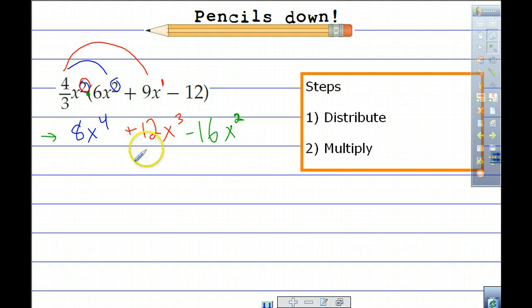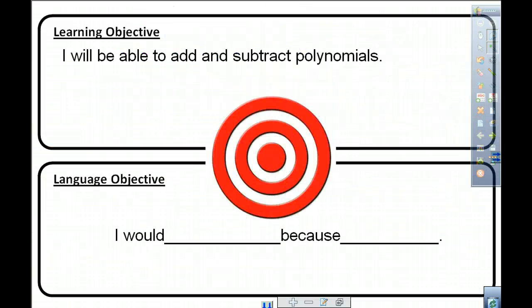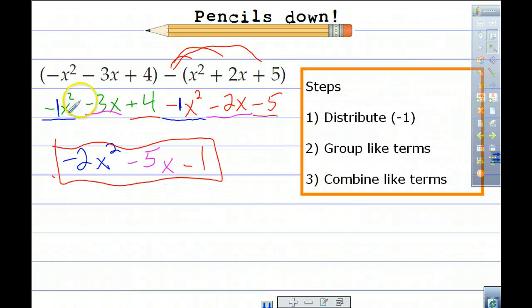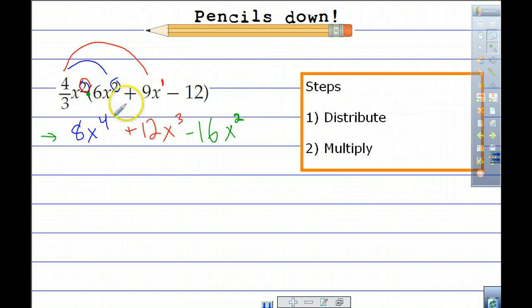That's true. But if it's just straight adding and subtracting like this, then you work with the coefficients. We're adding the exponents. When you multiply, you add exponents. That's always been the case.